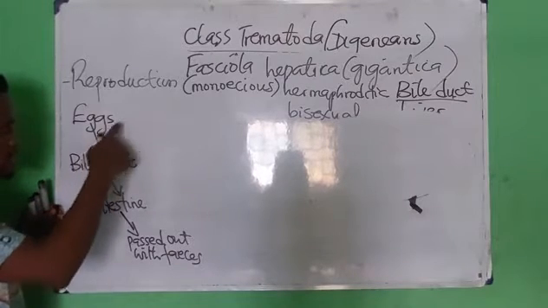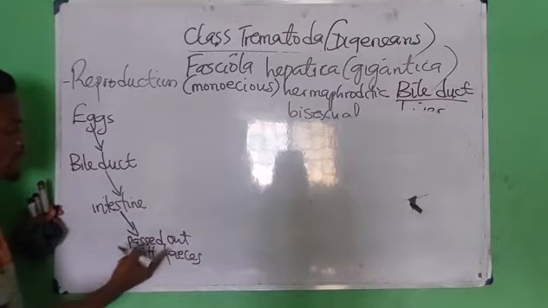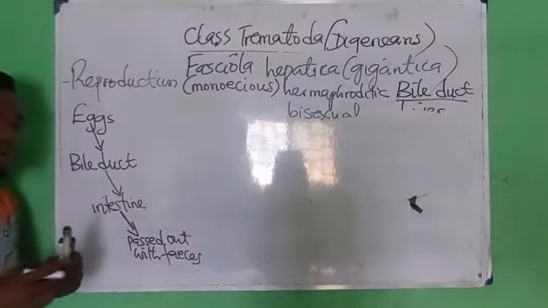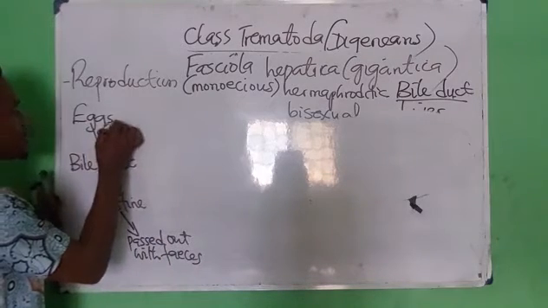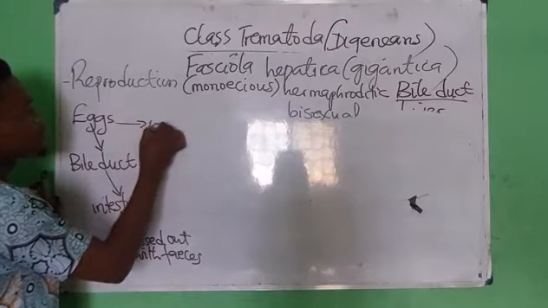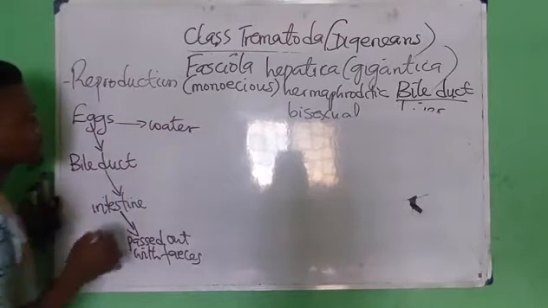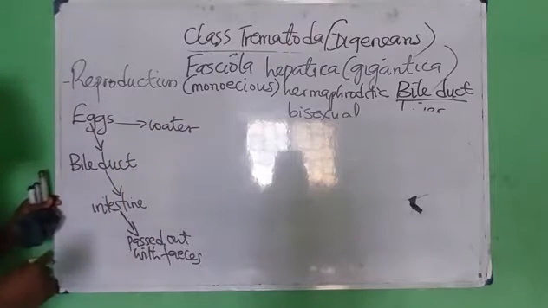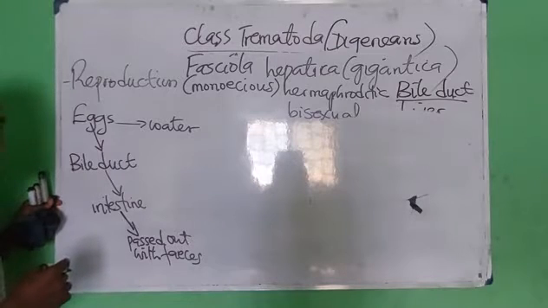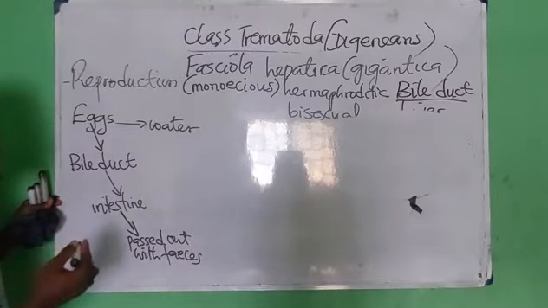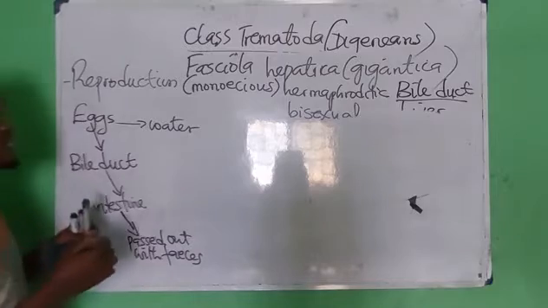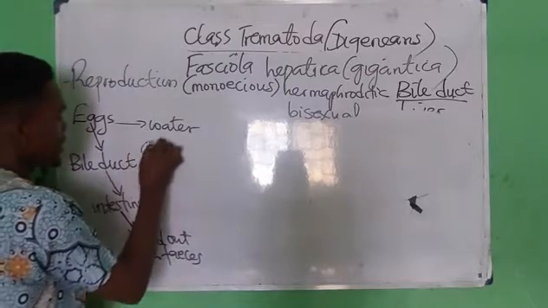Then these eggs are passed out with feces into the outer world. Now, this egg comes in contact with water. As soon as it comes in contact with water, it develops into a ciliated larva.